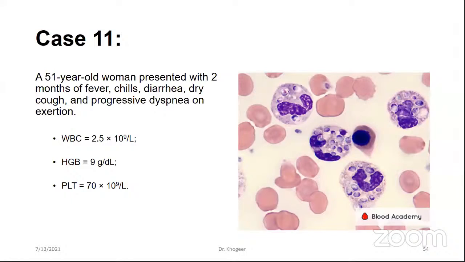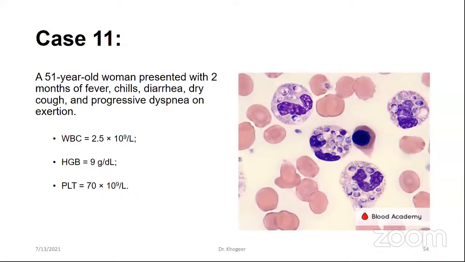But the reactive lymphocyte is smaller than the monocyte, and the N/C ratio is high, showing scant cytoplasm, dark blue, with very condensed chromatin and inconspicuous nucleoli. If we compare it with the lymphocyte, the monocyte chromatin is more open.